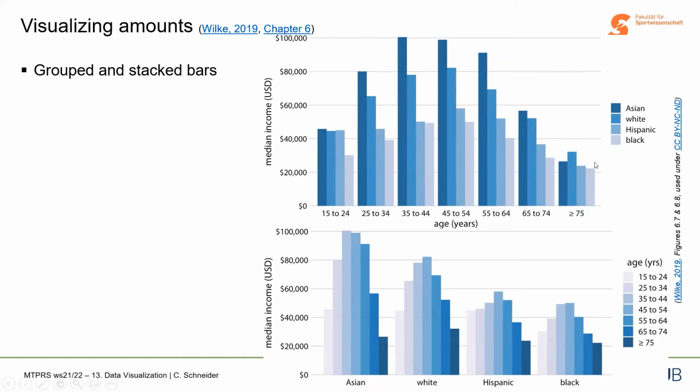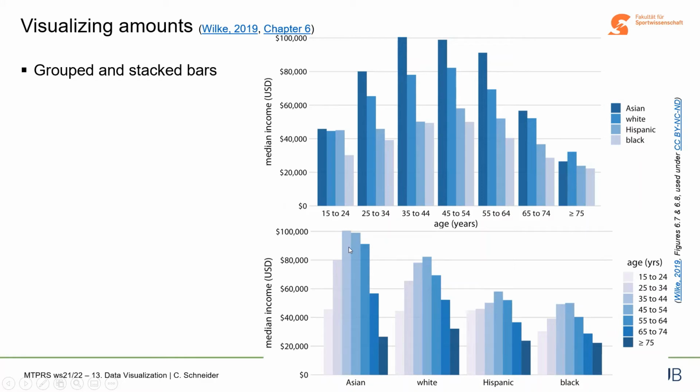In the upper figure, it's probably only a good decision to display the figures like this if you are directly interested in looking at the effects of ethnicity in each specific age group separately. But many other pieces of information would probably be better displayed in the lower figure.